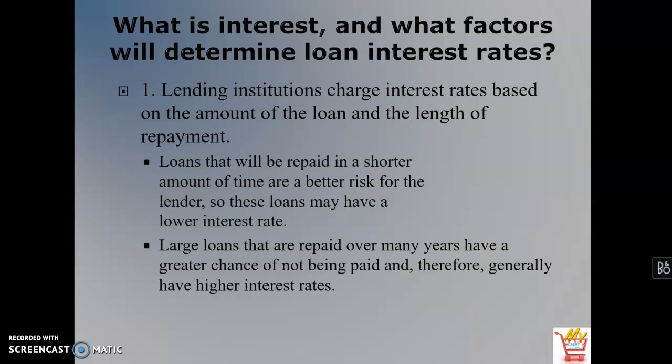So lending institutions will oftentimes charge interest rates based on the amount of the loan and the length of repayment. If a loan is going to be repaid in a shorter amount of time, they are a lower risk for the lender.